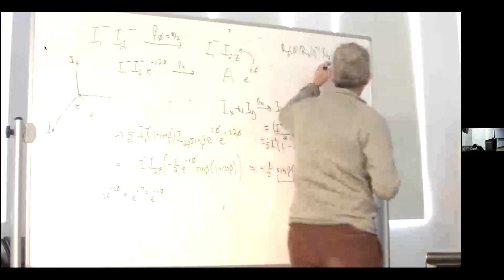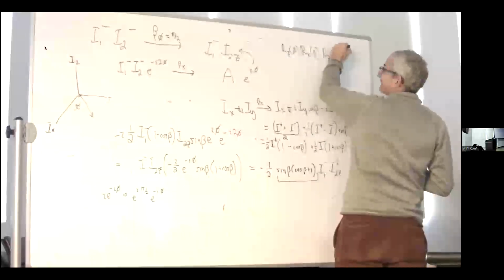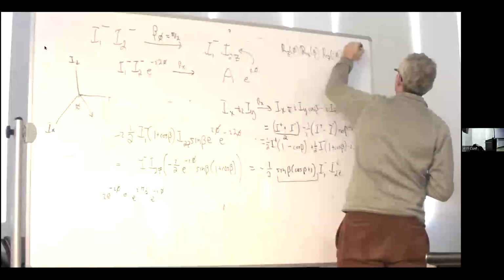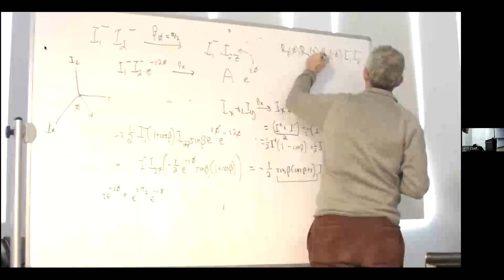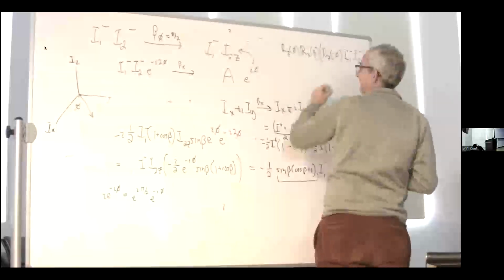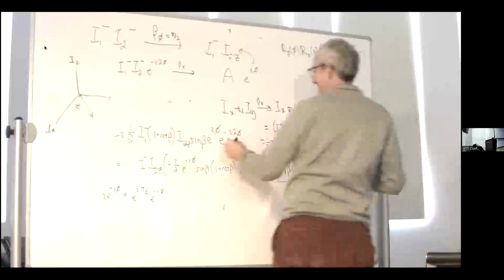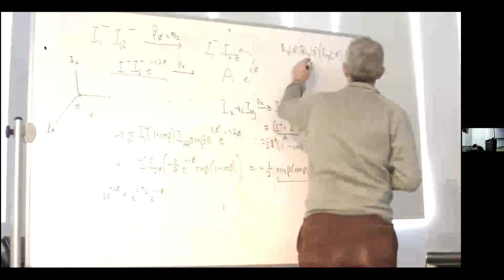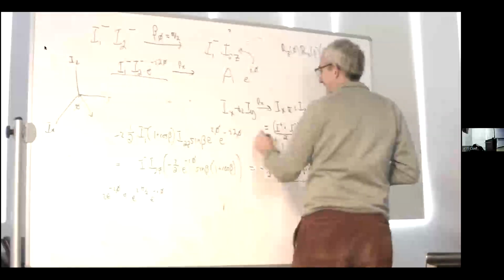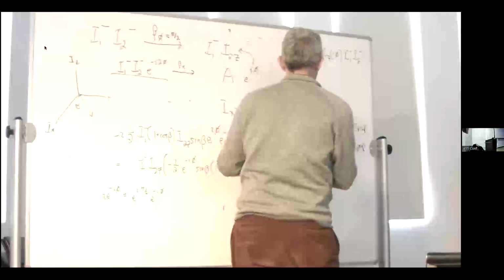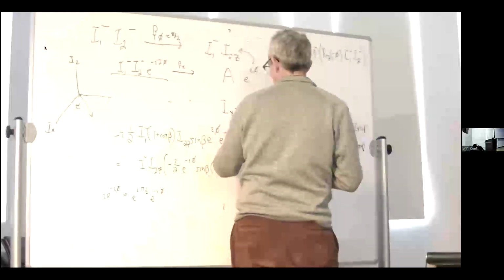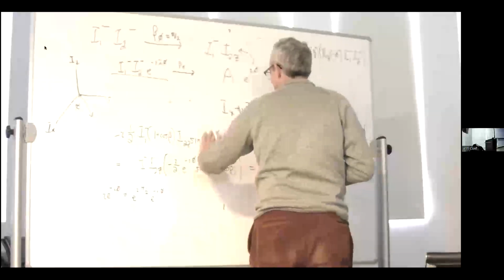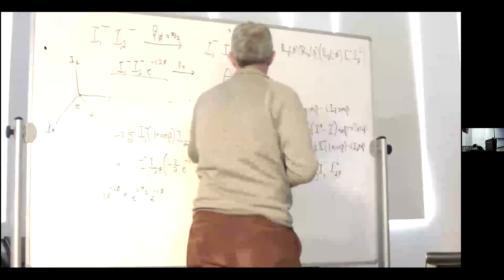So I start here with the operator I1 minus I2 minus. Right. And after I applied this, I ended up with I1 minus. Yes. And then I applied the rotation, and after I dropped the terms that I didn't want, I ended up basically with this.